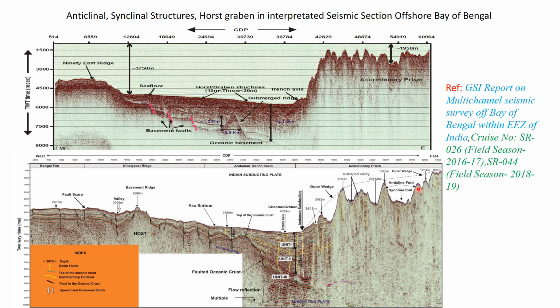There is an anticlinal fold, a synclinal structure, a V-shaped valley, the Andaman subduction zone, a horst, and a graben. So the very complex geometry in the Andaman offshore region has been easily delineated by geology in a seismic section.